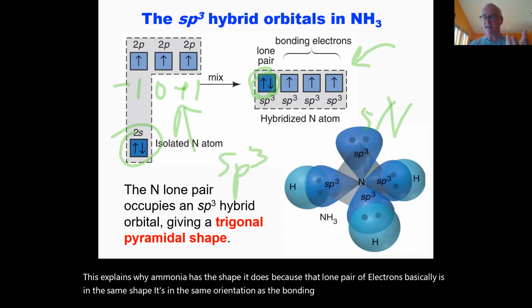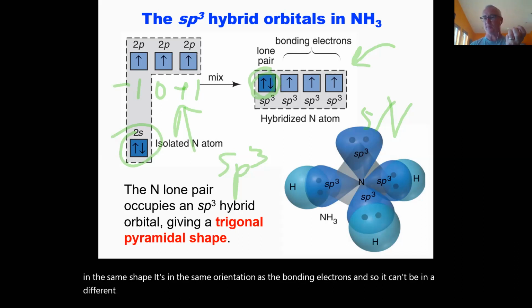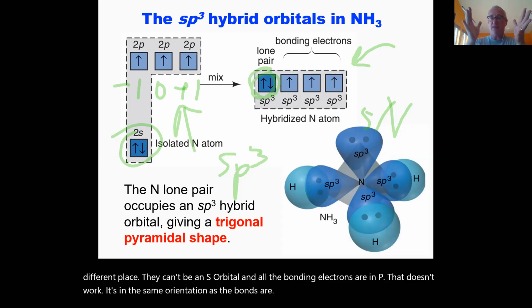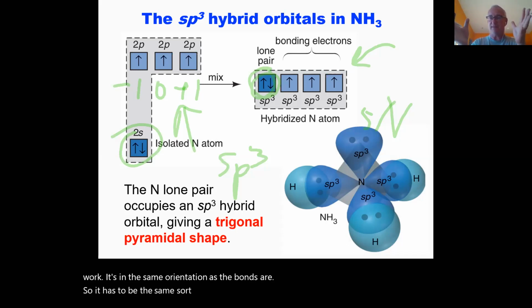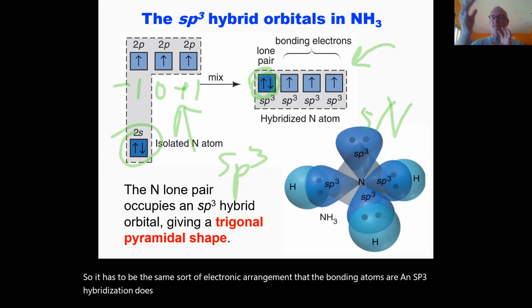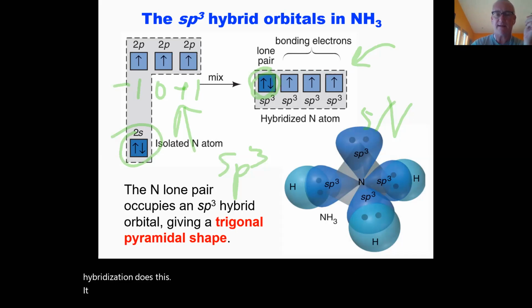And so it can't be in a different place. They can't be in an s orbital with all the bonding electrons in p. That doesn't work. It's in the same orientation as the bonds are. So it has to be in the same sort of electronic arrangement that the bonding atoms are. And an sp3 hybridization does this. It allows all four of them to be at 109 degrees.